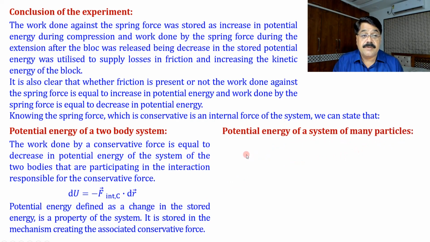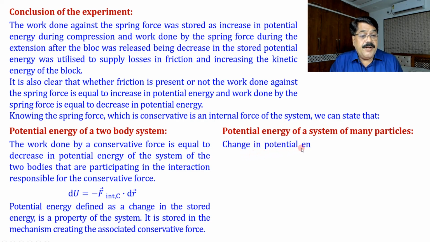That is very logical, because in a system of many particles, we identify those particles which are interacting with each other through conservative forces. Now if we change their positions, we are changing the configuration of the system. In that way, the potential energy change will be associated with all those pairs of particles which are interacting through conservative forces. Now I am writing this idea here.